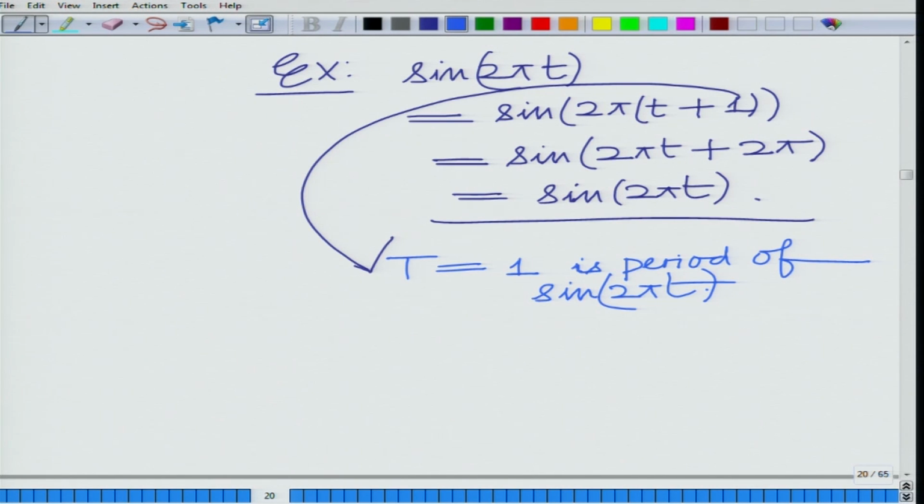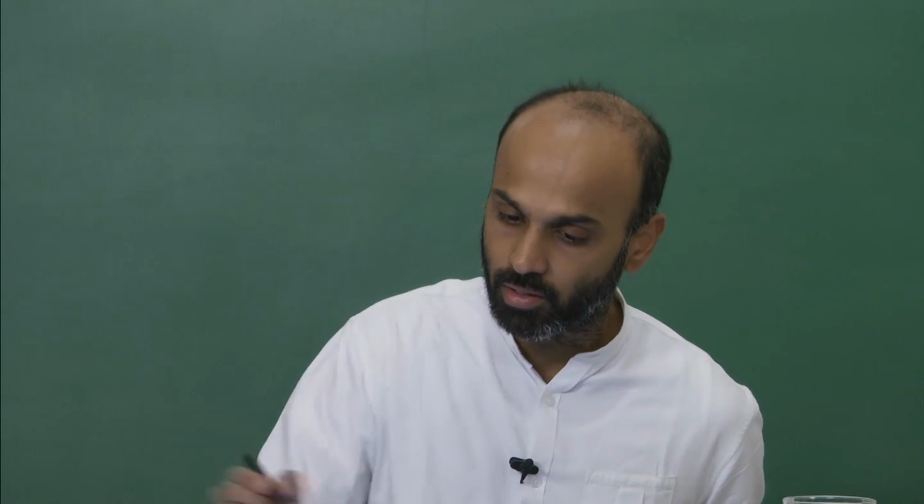Now, there is a notion of a fundamental time period. For all periodic signals, there is a notion of what is known as a fundamental period. Now, what is the fundamental period?